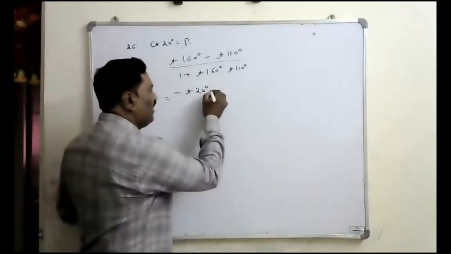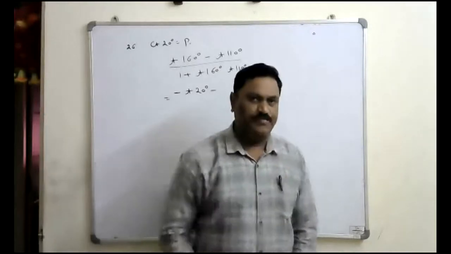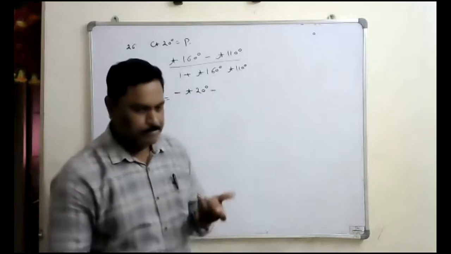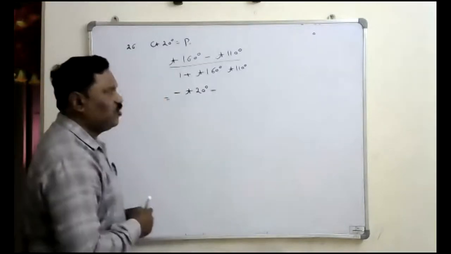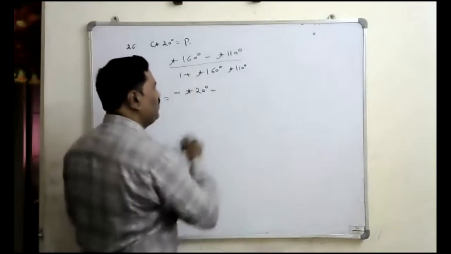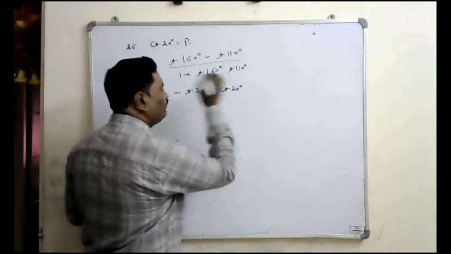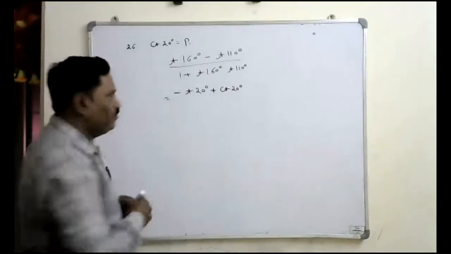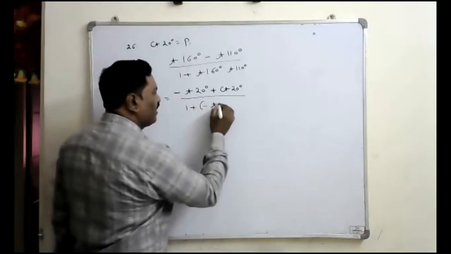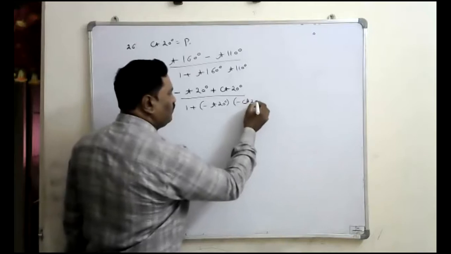Tan 110: 90 plus 20, second quadrant, so minus sign, and since 90 is there, tan becomes cot. That is minus cot 20. So the expression is cot 20 by 1 plus tan 160, which means minus tan 20, into tan 110, which means minus cot 20.